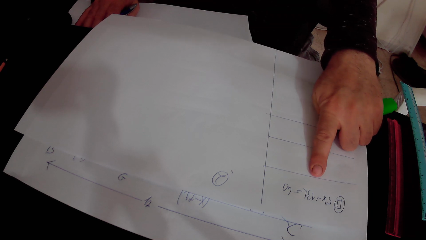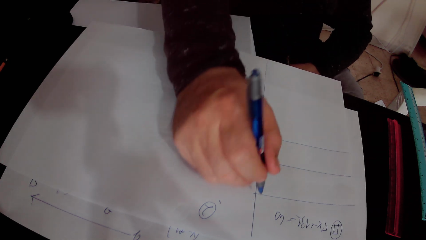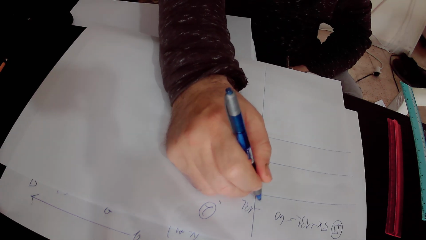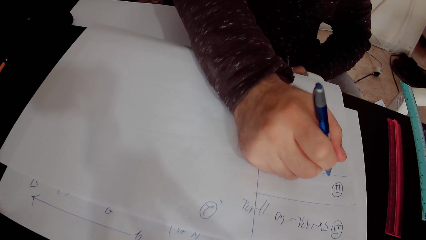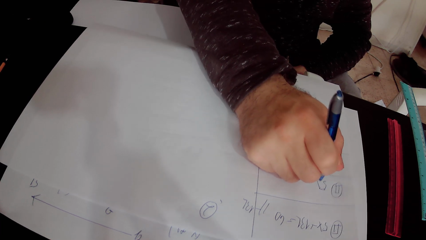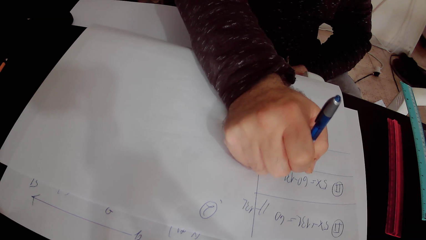Here we subtract 13L, and we get 5x equals 60 minus 13L.